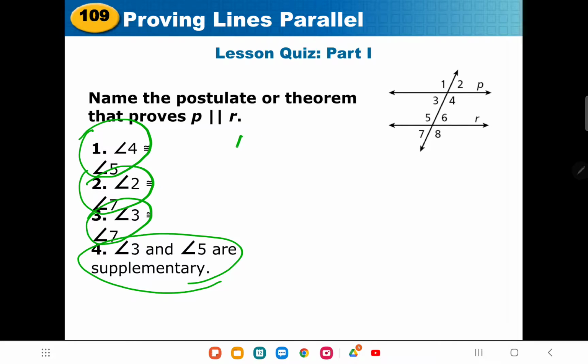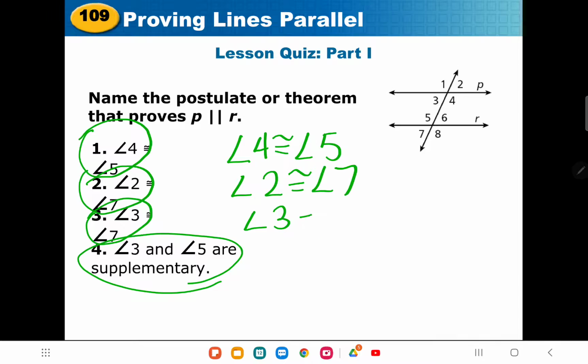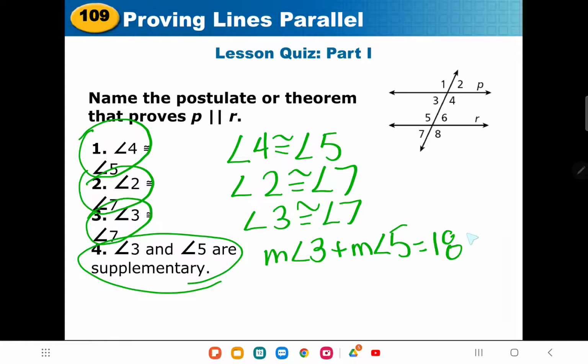So there's 4 questions. 4 congruent to 5. 2 congruent to 7. 3 congruent to 7. And that the measure of angle 3 plus the measure of angle 5 equals 180 degrees.